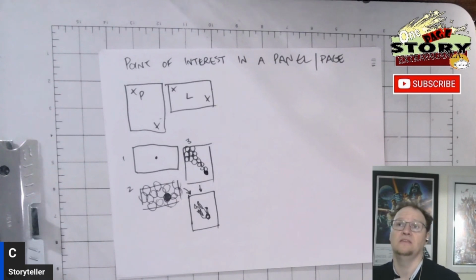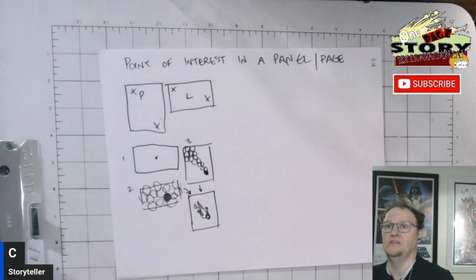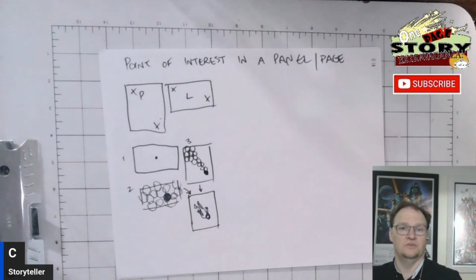At the end of the day, the core interest that you have is to tell the story. If you're writing, you're trying to tell the story textually. If you're illustrating it, you're trying to tell the story visually.